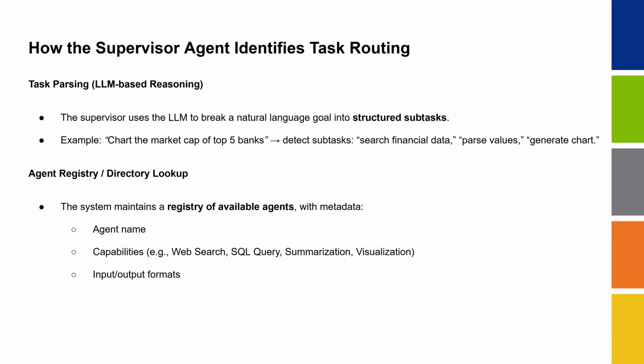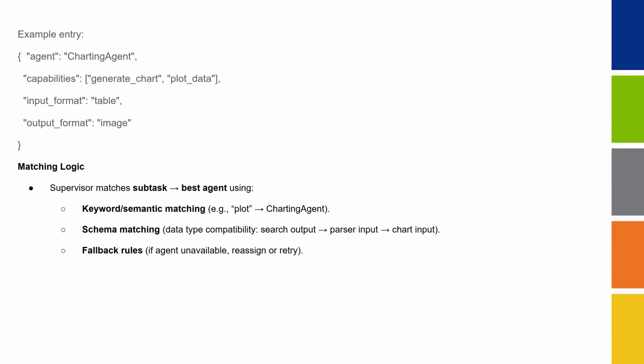The agent registry, or directory lookup, is where all the agents with their respective capabilities are listed. The system maintains a registry of available agents. The metadata involves agent name, capability like web search, SQL query, summarization, visualization, etc., and then input-output format. We have an example entry: agent, capability, input format, and output format.